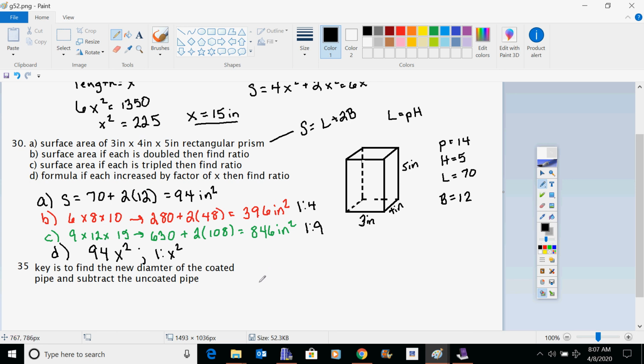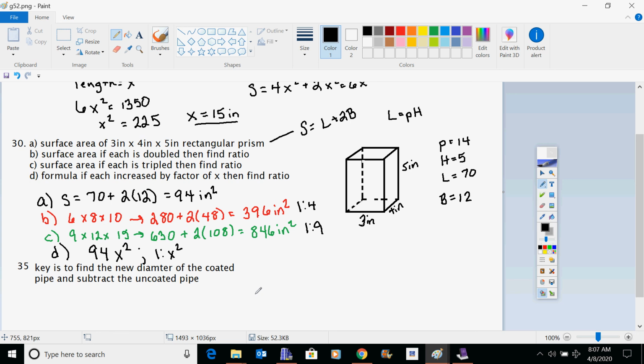Number 35 on that same one that somebody asked about, the key to doing this is finding the new diameter of the coated pipe. You find the diameter of the coated pipe after it's been encased with the concrete, and then you subtract the diameter of the uncoated pipe, and then you would find the answer.